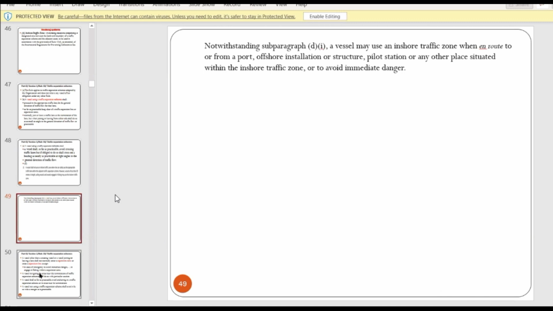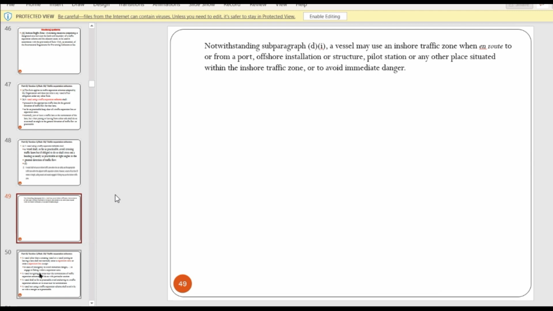Notwithstanding subparagraph D1, a vessel may use an inshore traffic zone when en route to or from a port, offshore installation or structure, pilot station or any place situated within the inshore traffic zone, or to avoid an immediate danger. Now, the exceptional cases for the other vessels: in case of emergency to avoid immediate danger, they can.